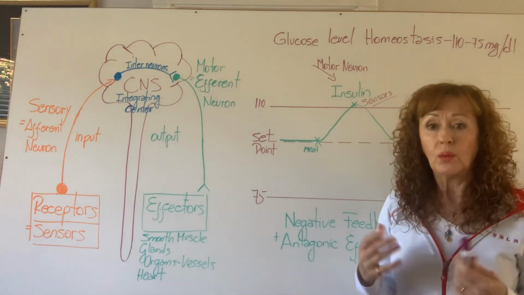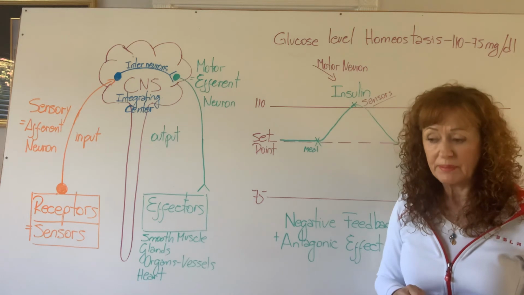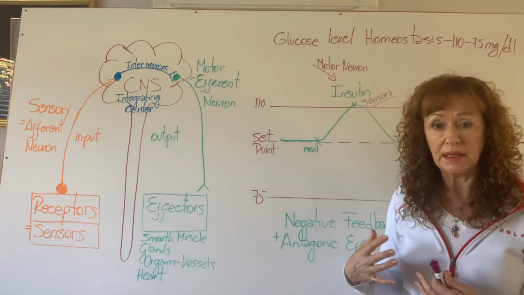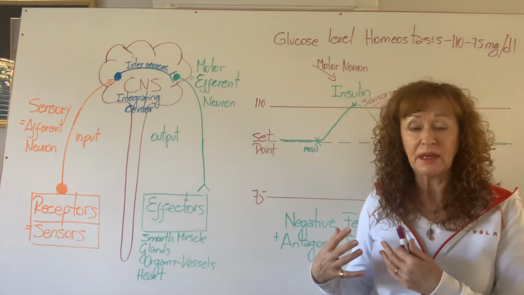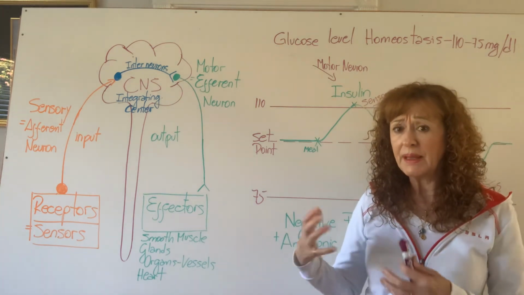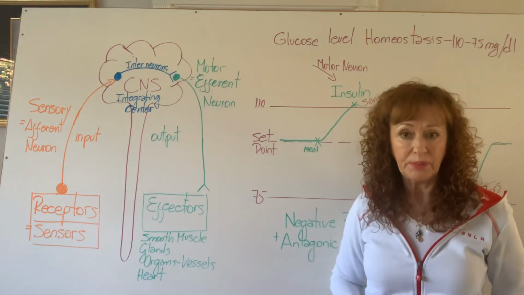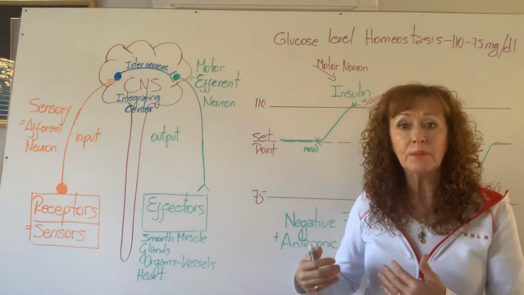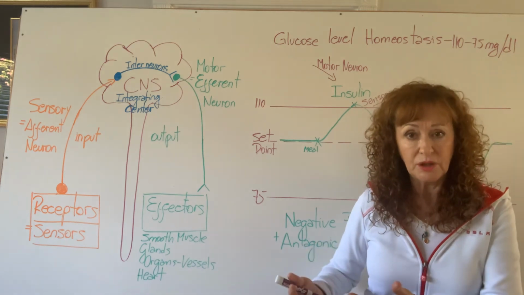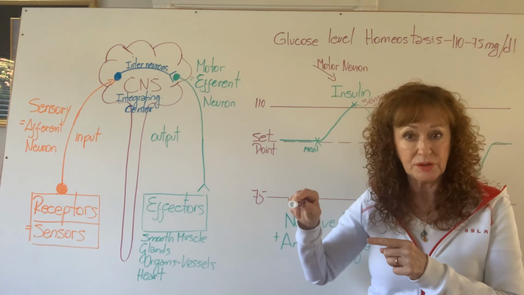But basically, what is the action? When the baby is born and is exposed to nursing and you breastfeed your baby, the baby is taking milk out. And that is another positive feedback. The more milk you take out from your breast, the more milk your body will produce.